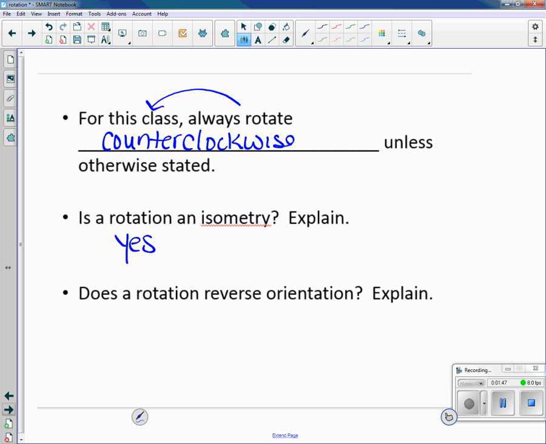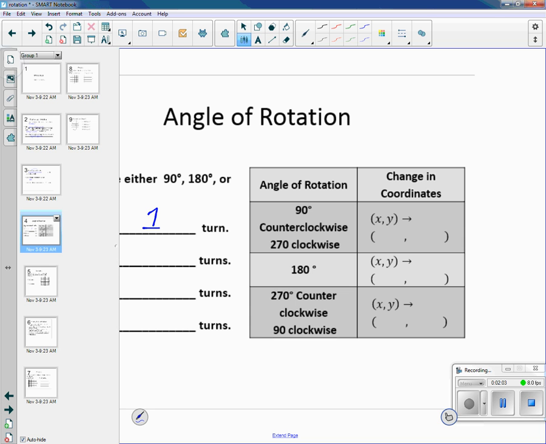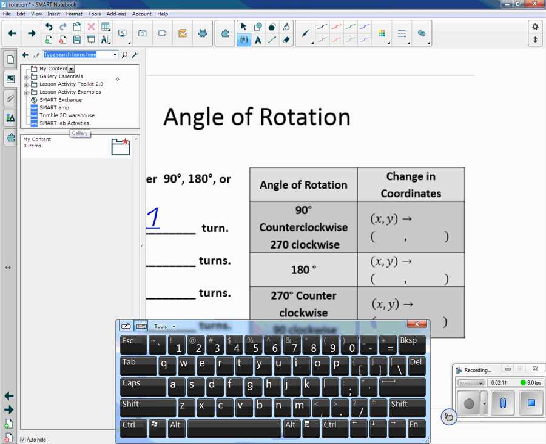Now, we're going to go to the next question right here. If I rotate 90 degrees, I am making one turn. So I'm going to get you the graph paper. Hold on one second. Let's see if I put it in here. No. Give me one second.